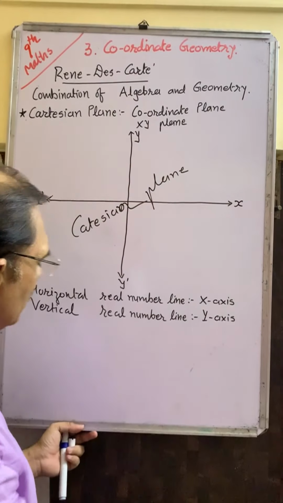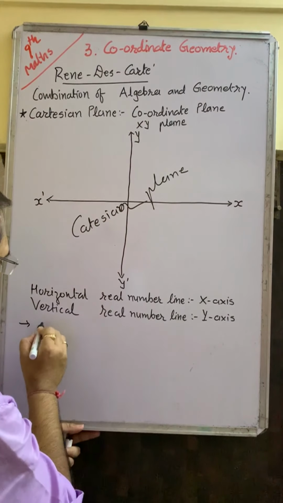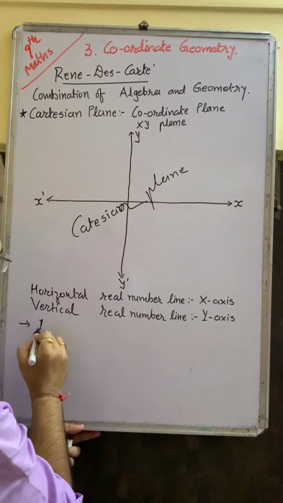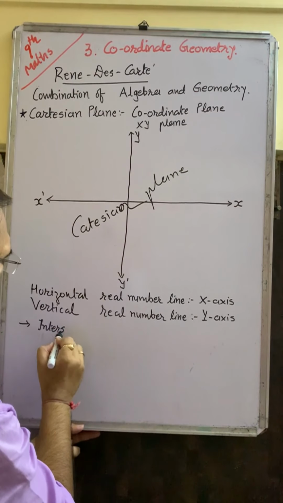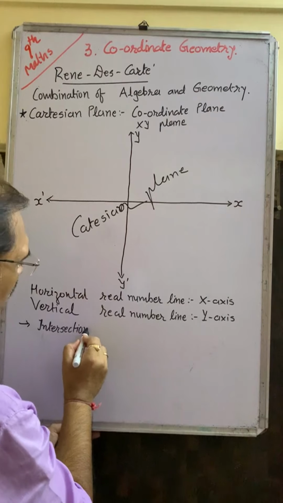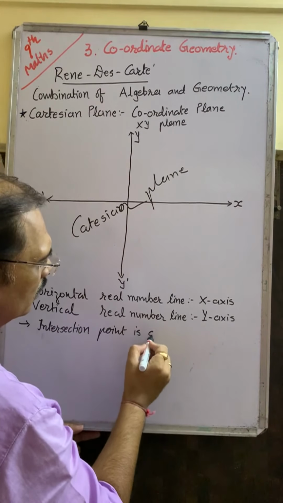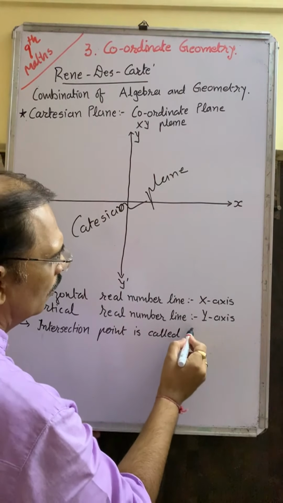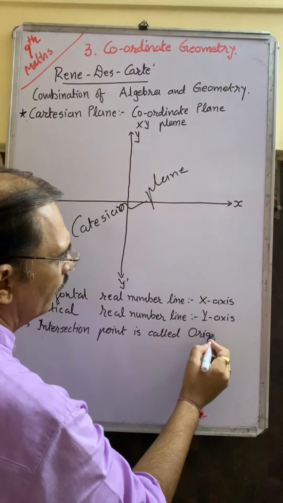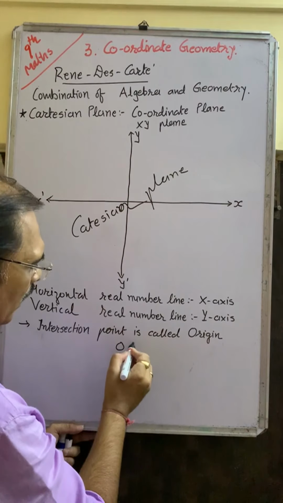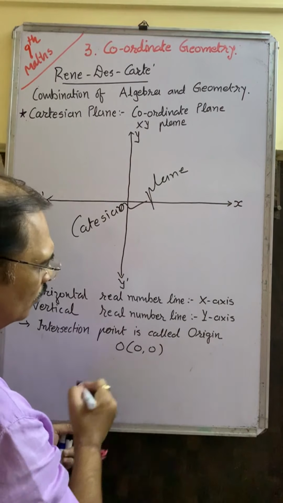They intersect with each other at a point known as origin, the intersection point. Intersection point is called origin. Origin is denoted as O and its coordinate is (0, 0).